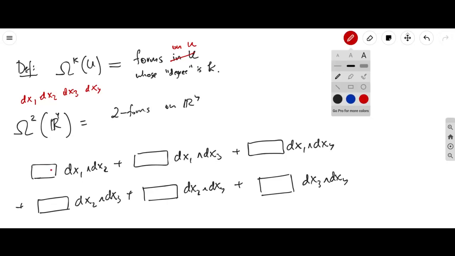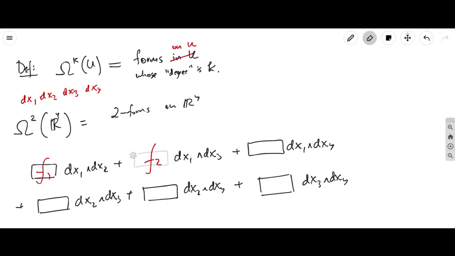So there's this arbitrary smooth function over here. You just call it like f1, f2, and so on. So these are just your smooth coefficients. And all of these taken together, this would be a 2 form. So in a 2 form, all of the monomials, the individual components that make them up, are of degree 2. So we will call that a 2 form.